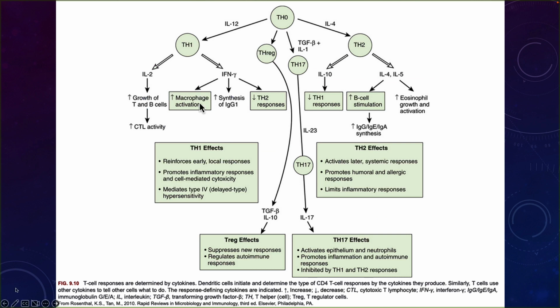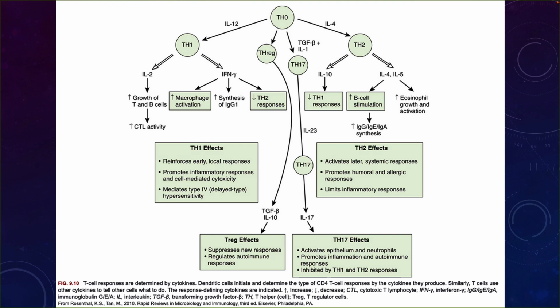This is showing the T cell responses in CD4 positive T cells. So it depends on which cytokine stimulated the CD4 positive T cell. You'll see we can drive T helper 1 responses, T helper 2 responses. These are called sometimes T helper regulatory or T regulatory T cells, and then Th17 T cells.